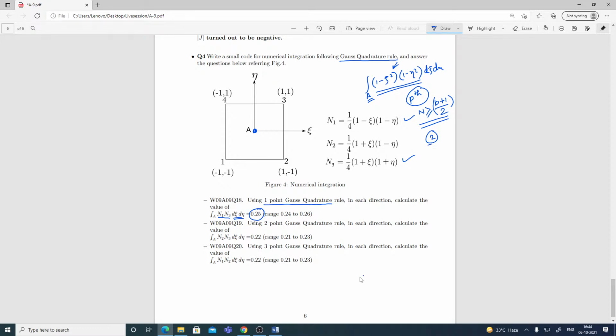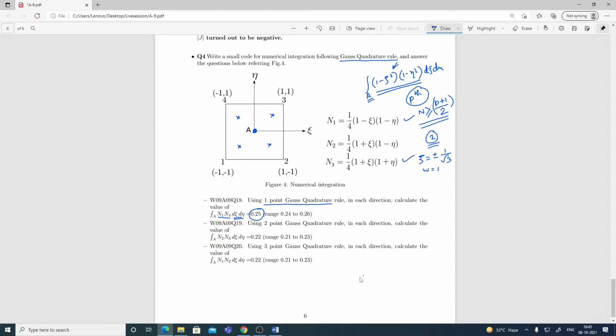Whereas if you use two integration points, in each direction the location of the Gauss points is plus minus 1 by root 3 and the corresponding weight is 1. So you will have 4 integration points because you have 2 in each direction.